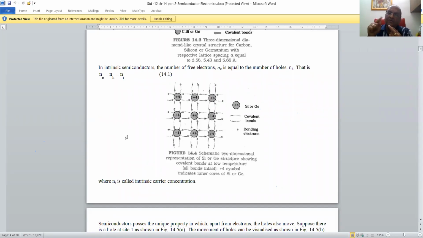હવે એક ઇલેક્ટ્રોન ફ્રી થયો તો એક હોલ જનરેટ થાય, બે ઇલેક્ટ્રોન ફ્રી થયા મીન્સ કે બે હોલનું ફોર્મેશન થયું, ત્રણ ઇલેક્ટ્રોન ફ્રી થયા તો ત્રણનું ફોર્મેશન થયું. એનો મતલબ એ થયો કે કન્ડક્શન પ્રોસેસમાં પાર્ટિસિપેટ થાય એવા જે ચાર્જ કેરિયર્સ છે તો કે ફ્રી ઇલેક્ટ્રોન્સ જે થયા તે. સો નંબર ડેન્સિટી ઓફ free electrons, number density of holes, that is same one, and a pure intrinsic semiconductor mate, that is commonly called intrinsic carrier concentration or intrinsic charge carrier concentration.